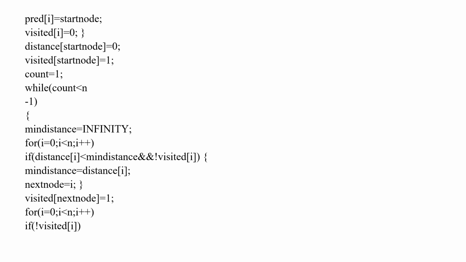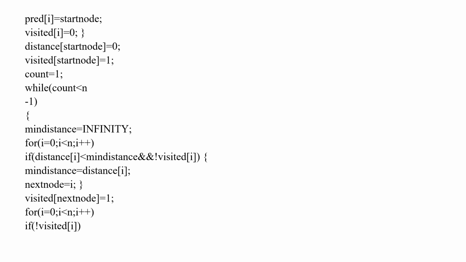Now count is equal to 1, then while count is less than n minus 1. So when the count is less than n minus 1, then you have to calculate the minimum distance. So that is, the count is n minus 1. So obviously it is the minimum distance that you are referring to. So the minimum distance you will be giving the infinity value.